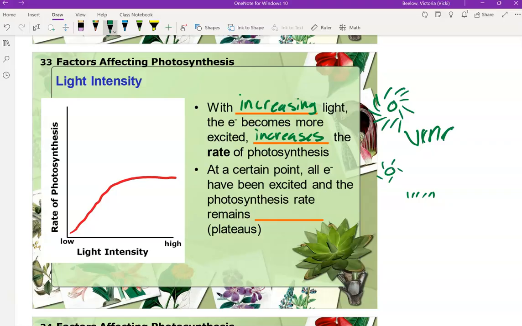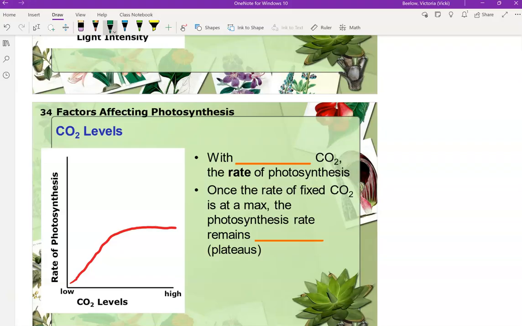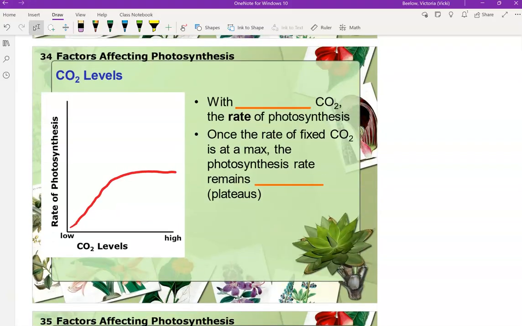Those plants aren't able to do photosynthesis as much, so you don't see as much plant growth as you do in the summer. However, there is a cap where we can only go so fast, and there would be a point where the rate of photosynthesis plateaus and is constant, which would be right here, because there's only so many electrons that you can use at one time. Another thing is carbon dioxide levels.